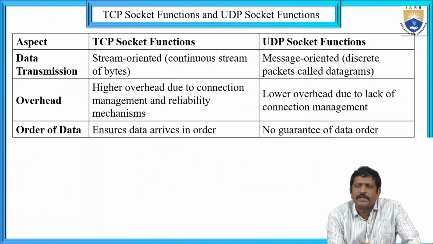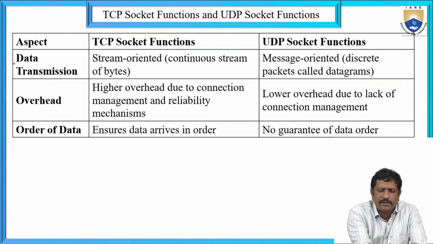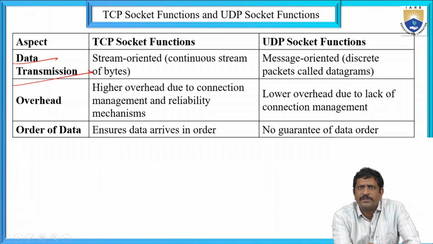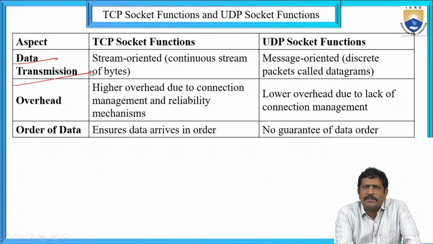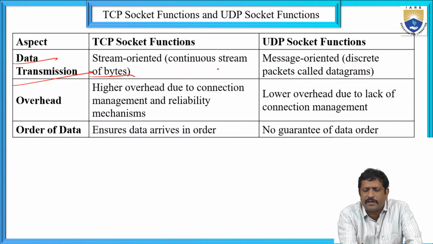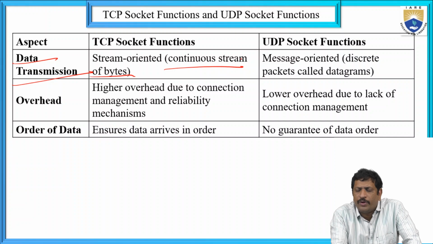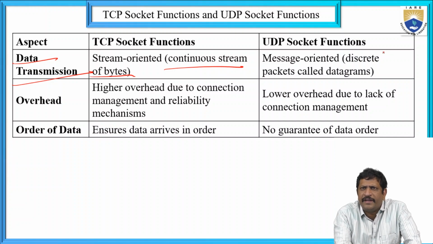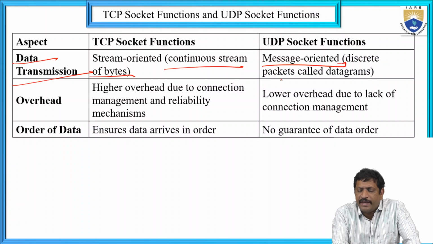In terms of data transmission, TCP is stream oriented, where a continuous stream of bytes can be transferred, and UDP is message oriented, meaning discrete packets called datagrams.